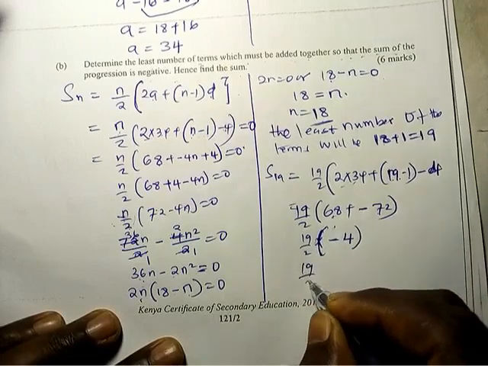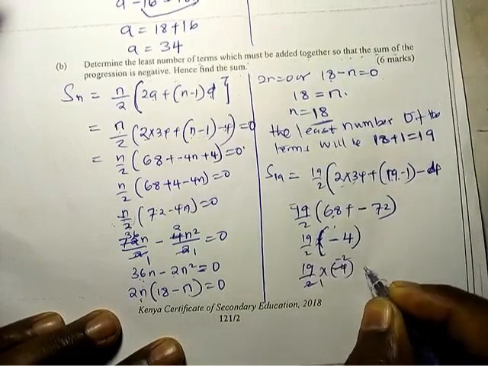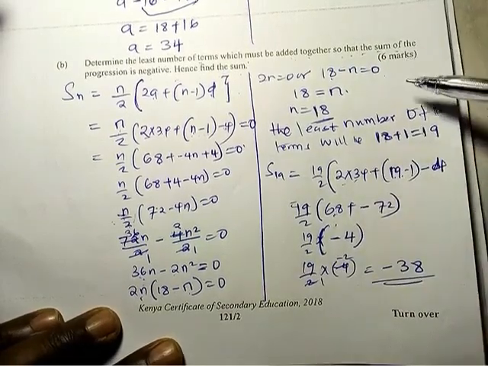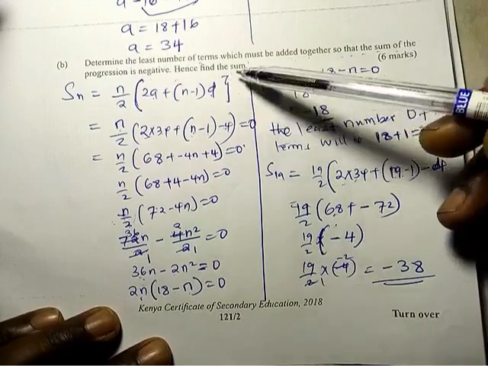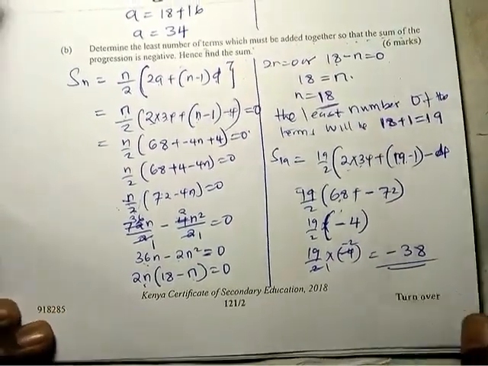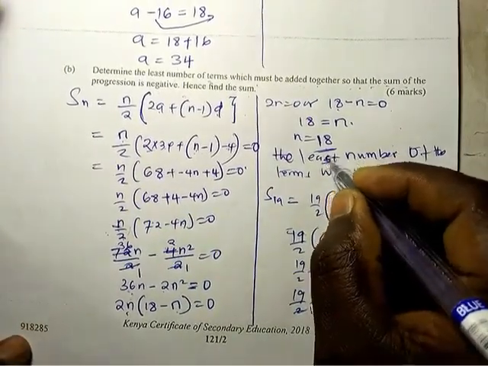So 19 over 2 times negative 4. Here 1, here negative 2. So the answer is negative 38. So you have seen that 19 terms is the least that gives us the negative number. It was tricky, but you can see how it was supposed to be done.